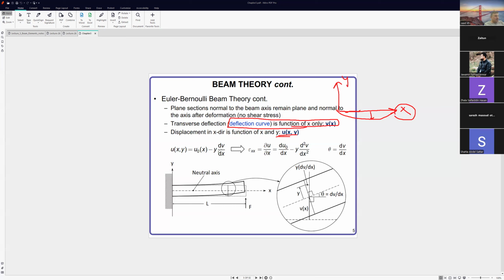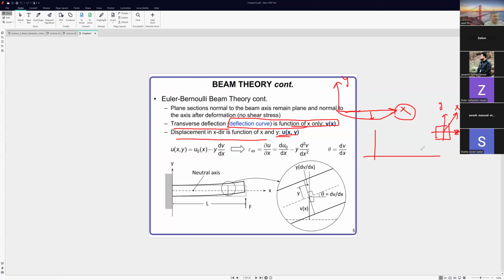Okay, so the displacement in the x direction is a function of x and y also. This is the transverse direction, and the displacement in the x direction is a function of x and y. This means we have the cross-section, this is the x, this is the y, or this is the z, this is the x1.